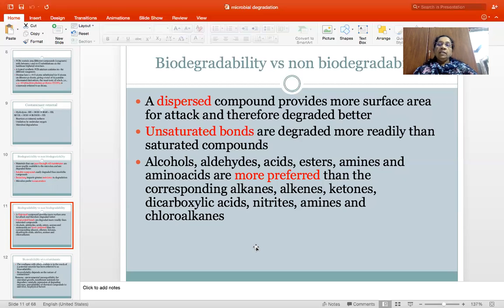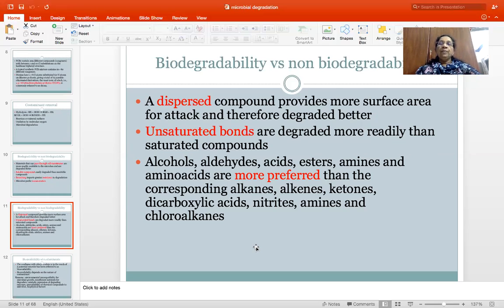And regarding the bonds, unsaturated bonds are degraded more readily than the saturated compounds. Alcohols, aldehydes, acids, esters, amines, and amino acids are more preferred than the corresponding alkanes, ketones, dicarboxylic acids, nitriles, amines, and chloroalkanes.